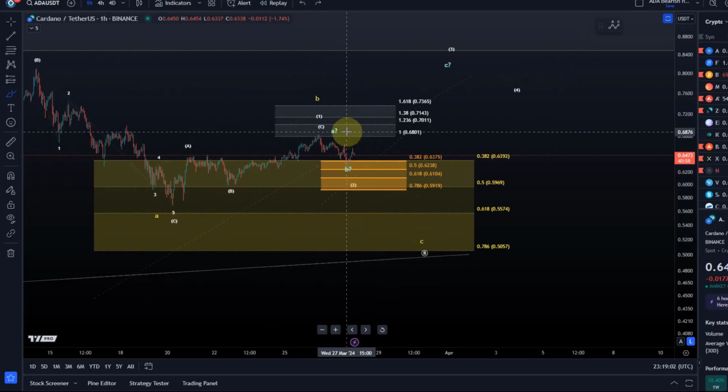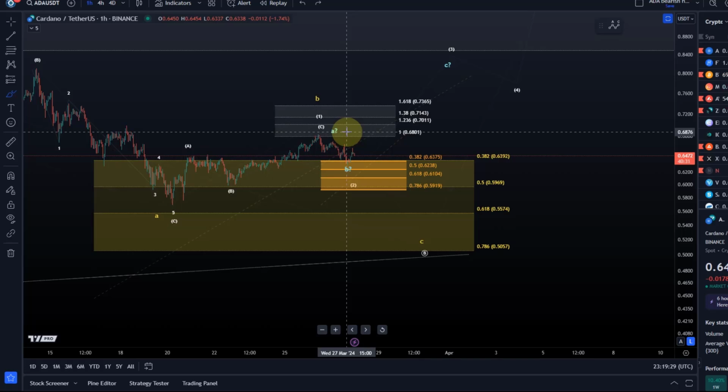Throughout last year, I've highlighted many times, and continue to do so, that whenever we're dealing with corrective structures, we have many more options that the chart could take. So we need to be much more mindful that structures could break or support levels might be less reliable, but that's just normal in corrections.